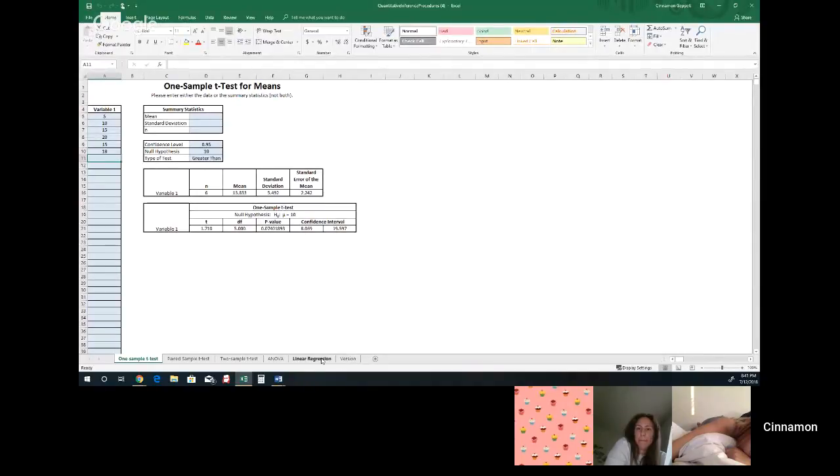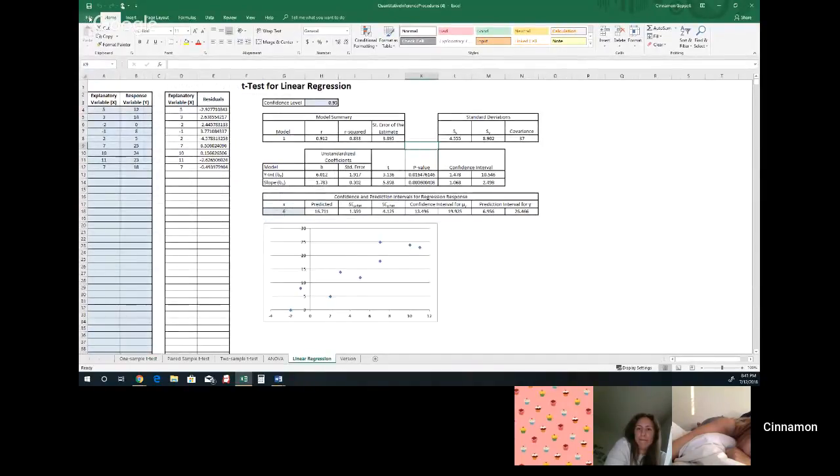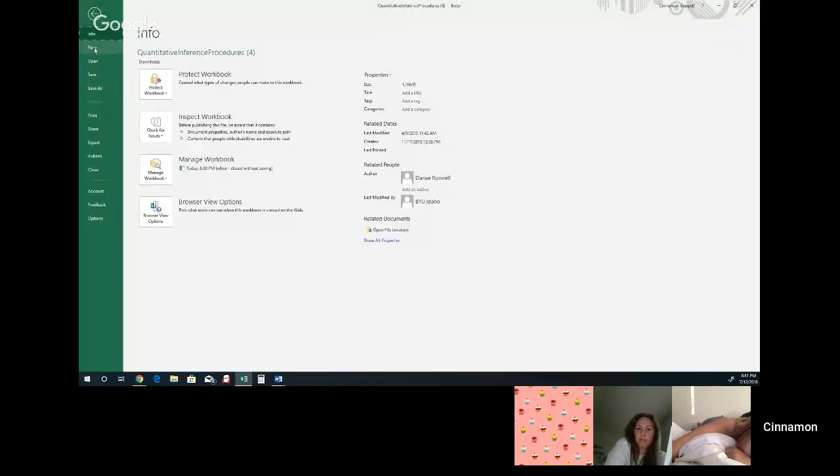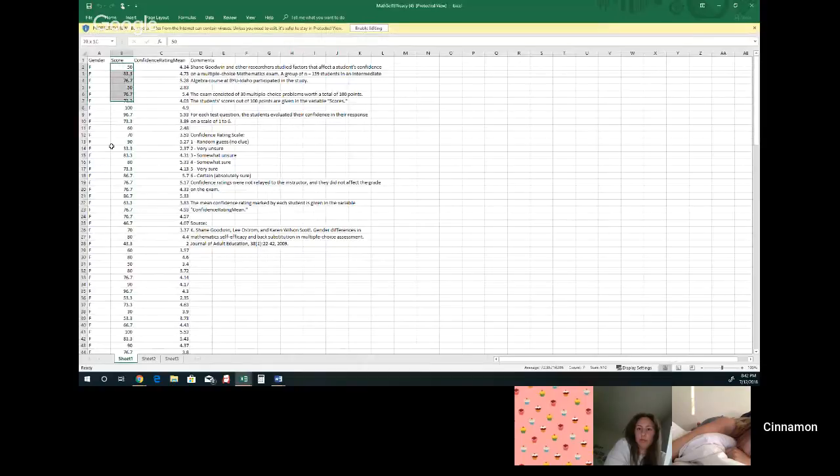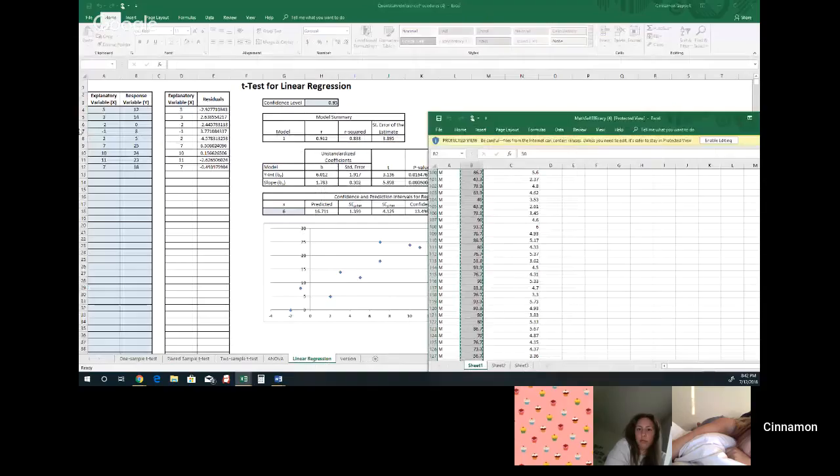Okay, and we go to linear regression. And the score is supposed to be the Y.